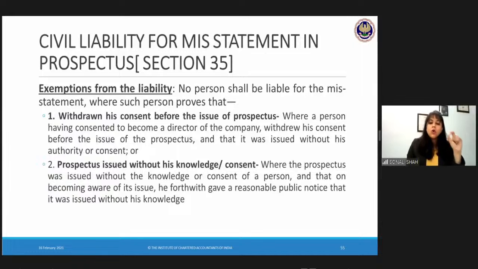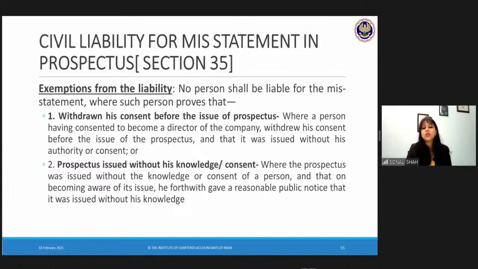Now, is this liability absolute, or do we have a defense from this liability? Yes, there are certain defenses available to the people on whom the civil liability is affixed. No person shall be liable for misstatement where such person proves that he had withdrawn his consent before the issue of the prospectus.